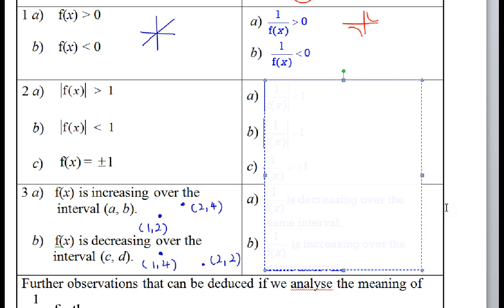Okay, this one may not be so clear cut. Look, if mod f(x) is greater than 1, for example, you have this point (3, 3), and you have this point (-4, -4).